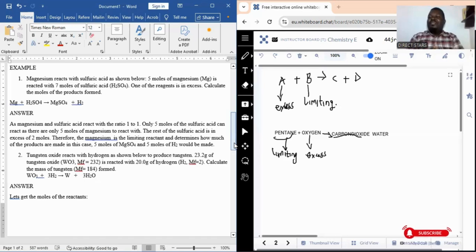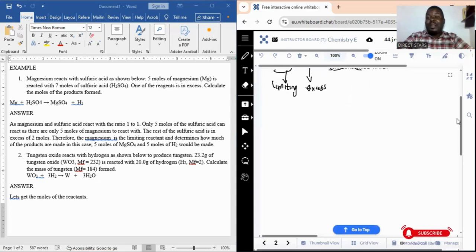Remember, what determines the amount of product formed is the limiting reactant. So for you to determine the amount of product formed in a reaction, you must identify what the limiting reactant is. Most students make the mistake of just using any of the reactants to determine the amount of product.